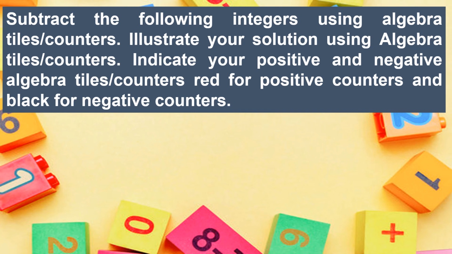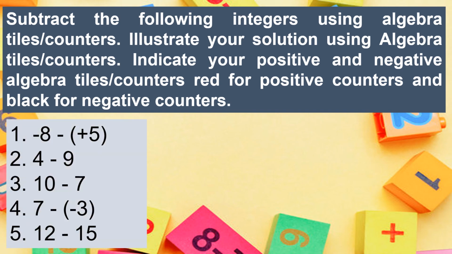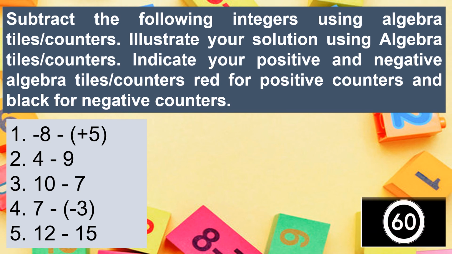Red for positive counters and black for negative counters. So you can write this in your paper. Okay, number 1, negative 8 minus positive 5. Number 2, 4 minus 9. Number 3, 10 minus 7. Number 4, 7 minus negative 3. Number 5, 12 minus 15. Again, 1 minute for this activity. Go!